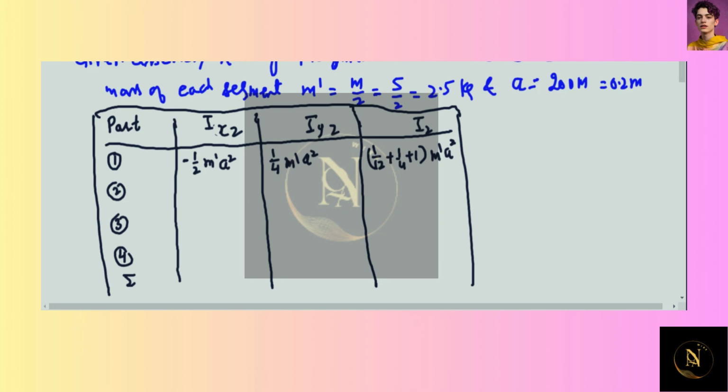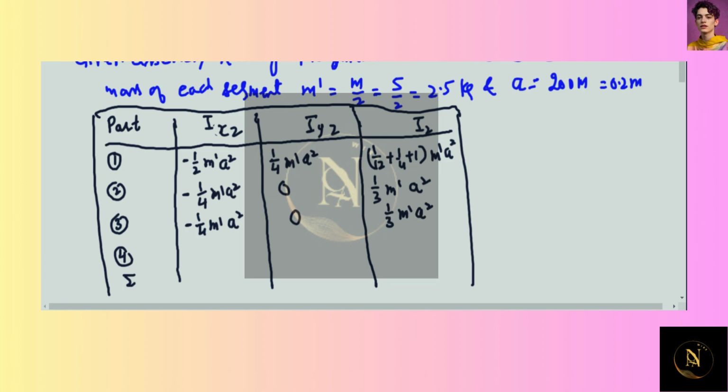Assembly 2: minus 1 by 4 m dash a square, 0, and 1 by 3 m dash a square. Third assembly: minus 1 by 4 m dash a square, 0, and 1 by 3 m dash a square.